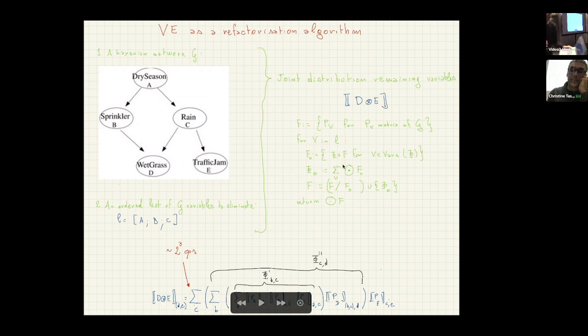It makes the product of all the factors, of all the matrices that involve the variable, and it sums out the variable that we want to eliminate. So in the case of the elimination of A, B, C, morally it gives this expression, which is a factorized version of the previous one.